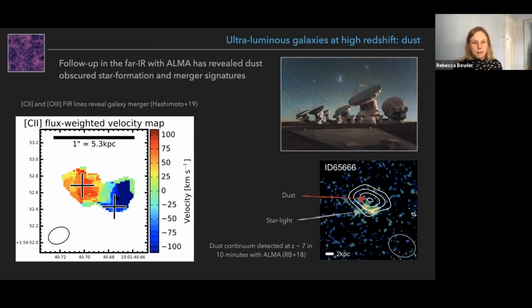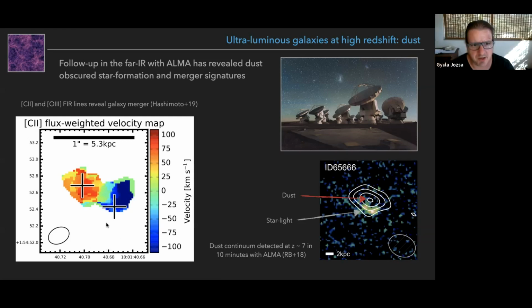To answer the question about how many more of this kind of data we will get in the next few years, I'm part of an ALMA large program called REBELS, which targeted 38 galaxies very similar to this at redshift 7. That's the highest redshift large program that I know about. It should give similar quality data to this for around 38 objects.